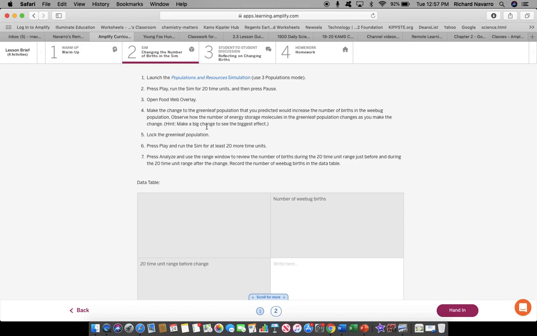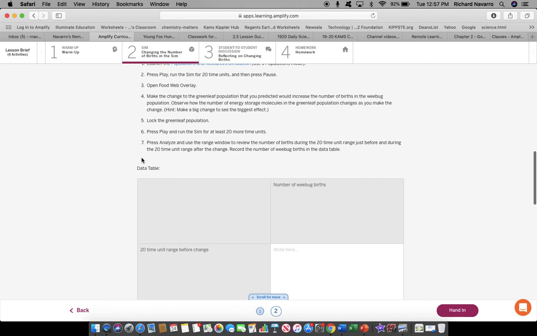So we're going to make a big change to see the biggest effect. Then we're going to lock that green leaf population, press play and run it for 20 more units, and then analyze and compare between those two results. So let's get started.